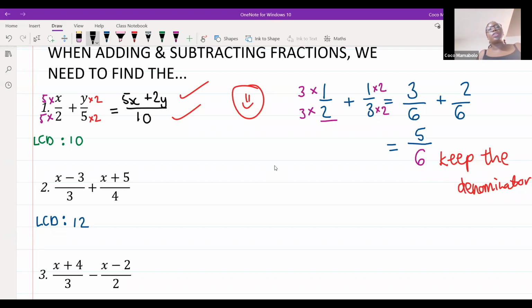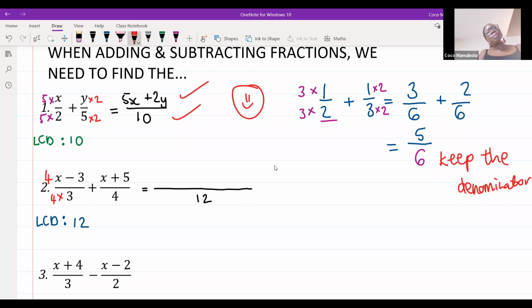So we know that this whole thing is going to be equal to something. And I'm going to make it nice and long. We're going to need it. Something over 12. Right. Now, what did I do to 3 to make it 12? I multiplied by 4. Good. And what I do on the bottom, I have to do on the top, right? Excellent. So I'm going to go 4 times.